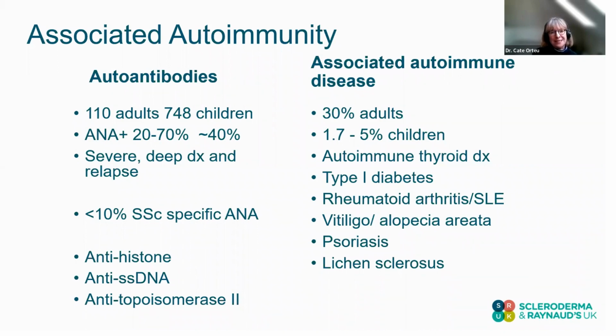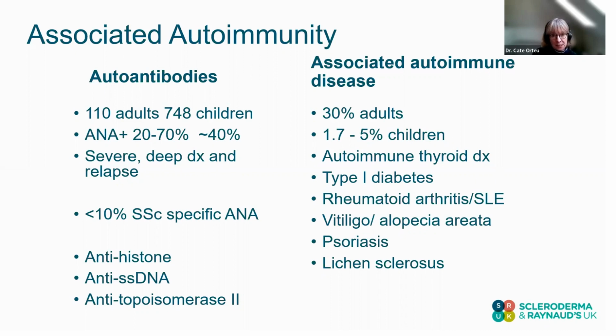Autoantibodies. So in systemic sclerosis, there are some very specific autoantibodies that are recognized as associated with the disease per se, but also with particular subtypes and disease complications, if you like.